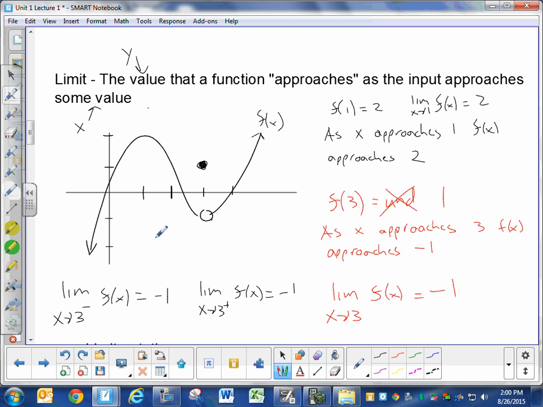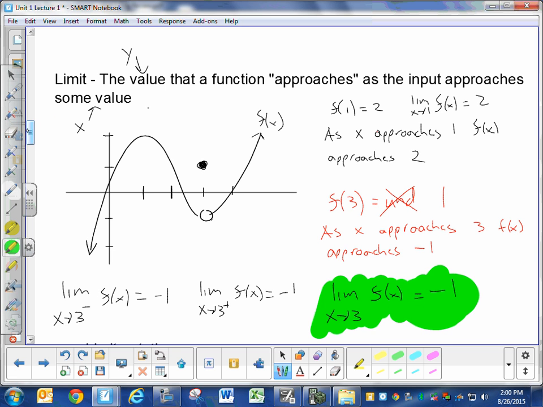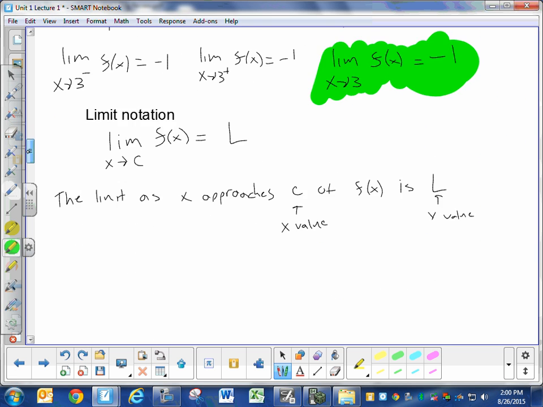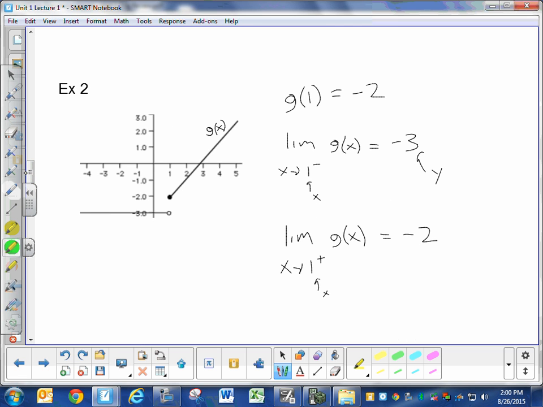Which is why I can comfortably say that the limit as x approaches 3 is -1. Or if I asked you what the limit was in general for g of x at 1, you'd say, I don't know, it could be two things. It could be either -2 or -3. Turns out this limit in general does not exist.